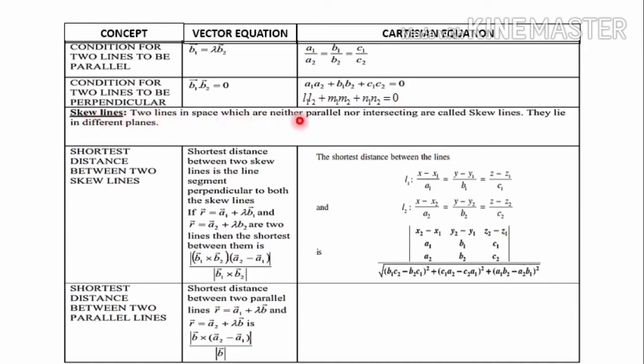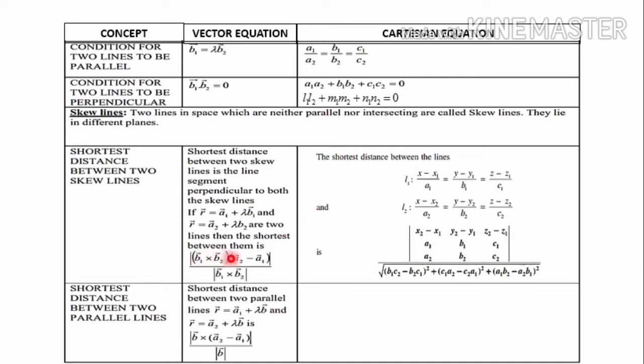Next we learn about skew lines. Skew lines are lines which are neither parallel nor intersecting, and they lie in different planes, that is, non-coplanar. The shortest distance between two skew lines, we have studied with the modulus together, but here I'm keeping it separate because it is easy for you to calculate. Both are the same.